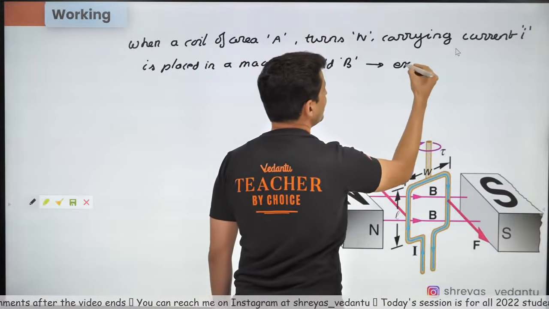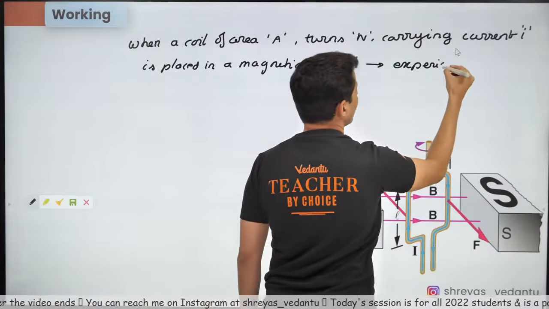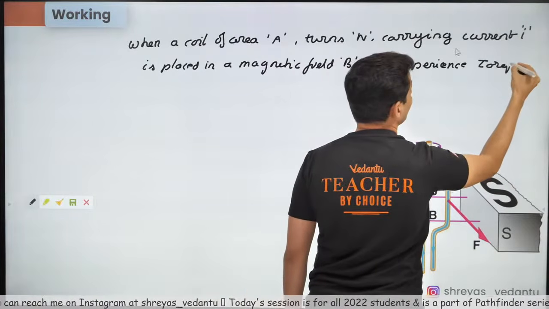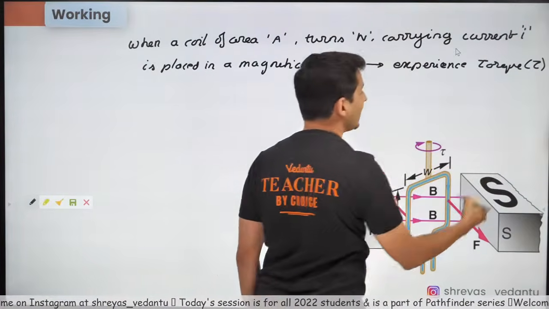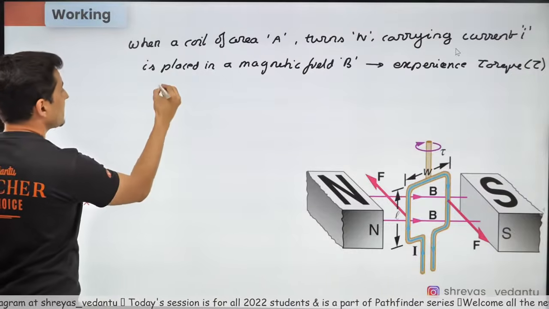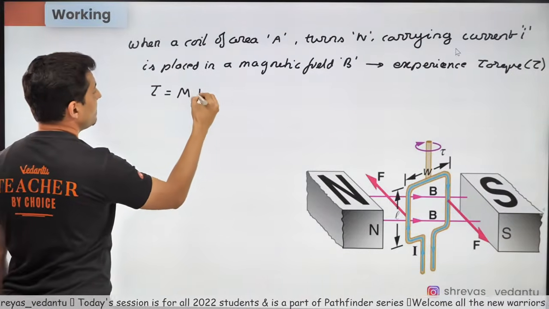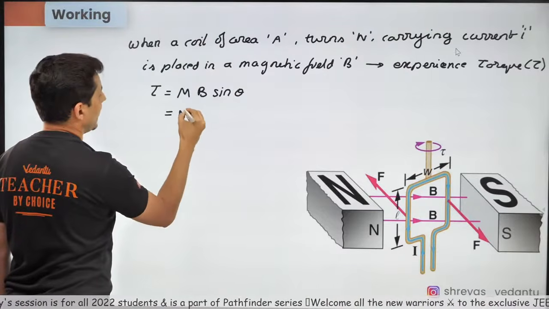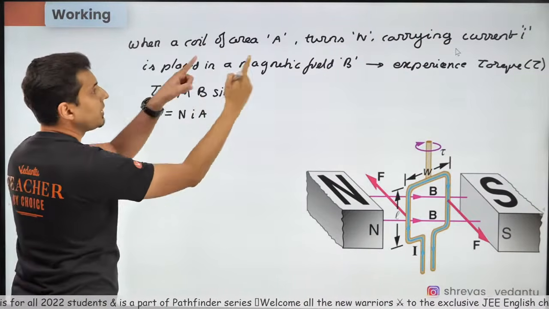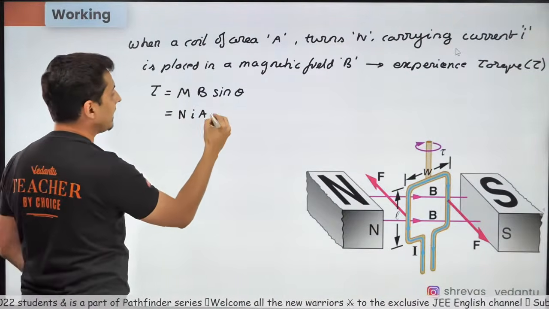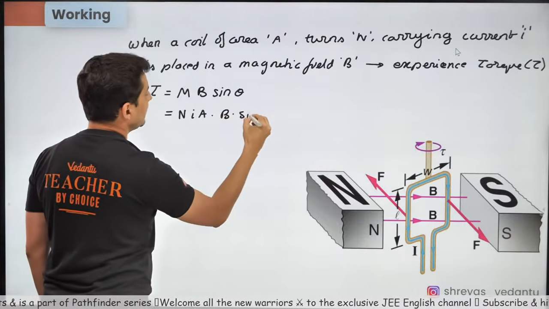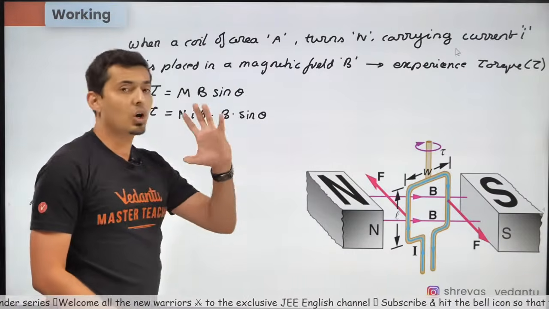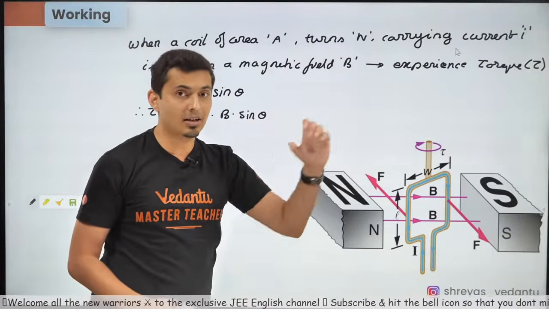It will experience a torque, and that torque is given by MB sin theta, where M is nothing but NIA. So number of turns into current into area into magnetic field into sin theta. So that is the value of the torque which a coil experiences when placed in the external field.